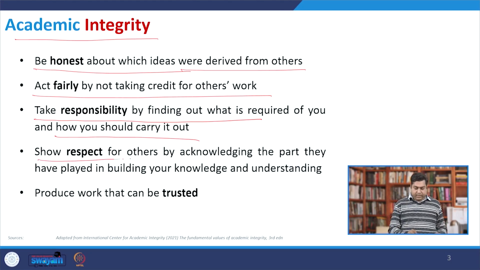Also, you have to show respect for other researchers, other inventors, or maybe renowned persons and organizations who publish information, not the research paper but the information. In all those cases we have to respect others by acknowledging the part they have played in building your knowledge and understanding.